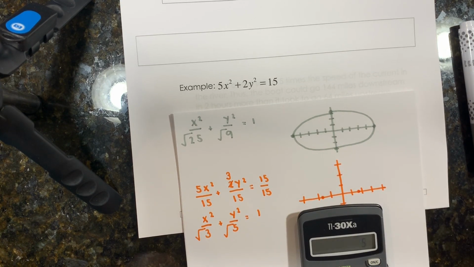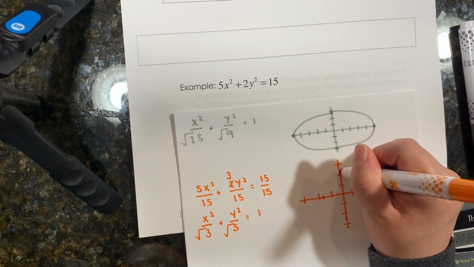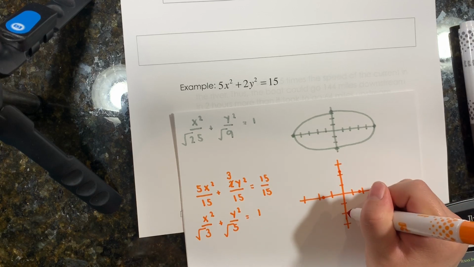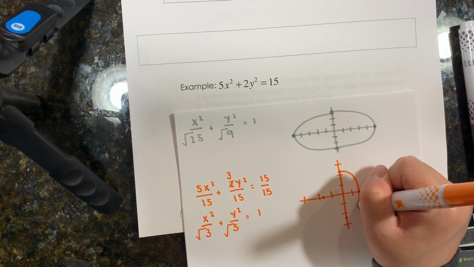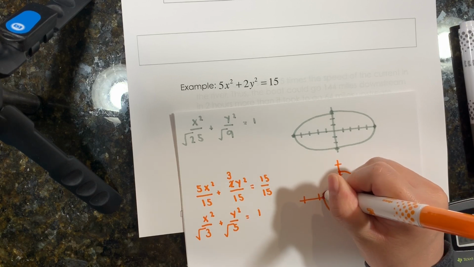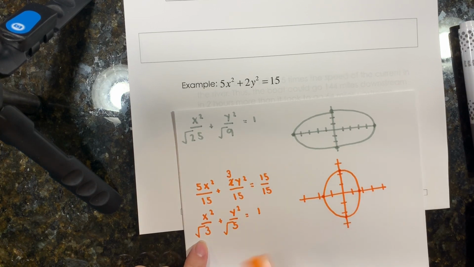Then the square root of 5 is 2.2, so that would be up to about there. And that's how you're going to connect your dots. That's just an estimation for that one because we can't take the square root of a whole number.